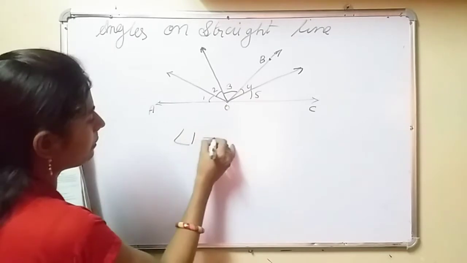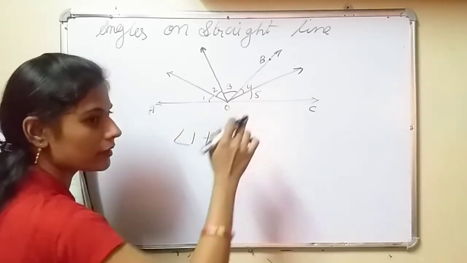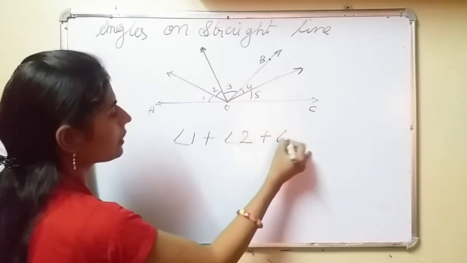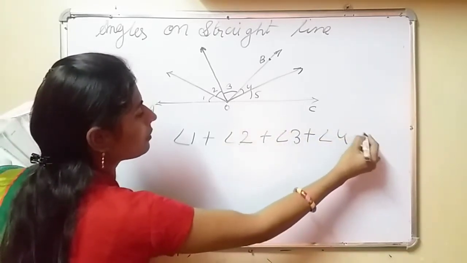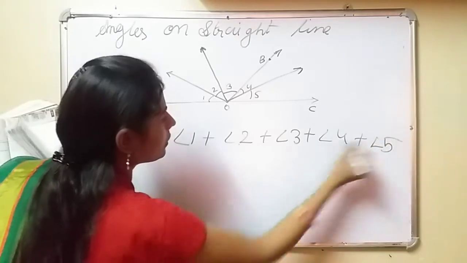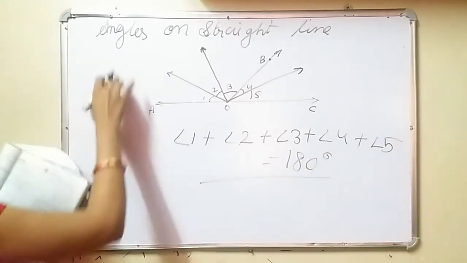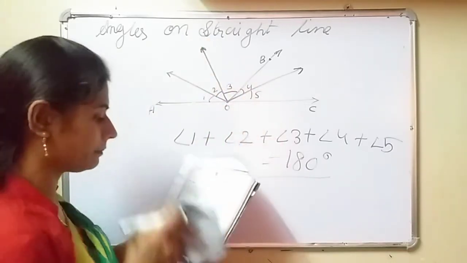So angle 1 plus angle B, sum of these all angles is equal to 180 degree. Angle 2 plus angle 3 plus angle 4 plus angle 5 is equal to 180 degree. Okay, this is called the angles on straight line.